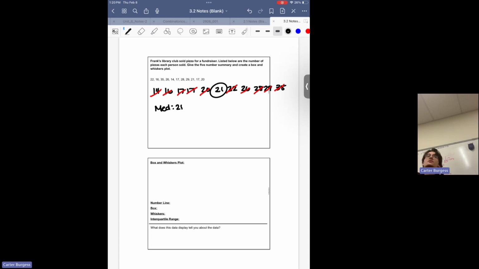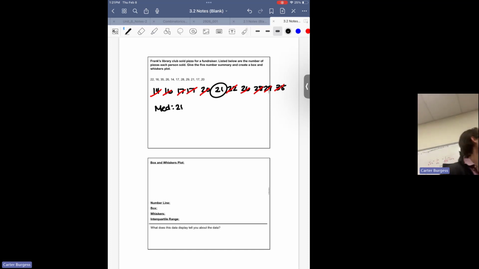All right, so Q1, the 25th percentile, should be perfectly in the middle of the 0th percentile and the 50th percentile, right? We would expect to find 25 perfectly in the middle there. So what we are going to do is take the lower half of our data, not counting the median, and find the middle value there, and that should be the 25th percentile.